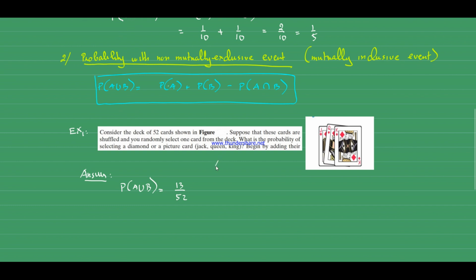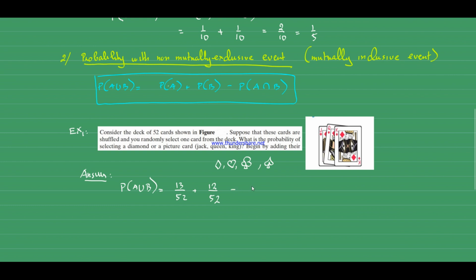So we have diamond, heart, club, and then spade. So there are four of them, and each of them has Jack, King, and Queen. So totally we have 13 also. Oh no, we have only 12. I'm sorry, I miscounted. So we have only 12 Jack, King, and Queen for the four different shapes over here. Over 52. Okay, so this is the probability of getting a picture card.